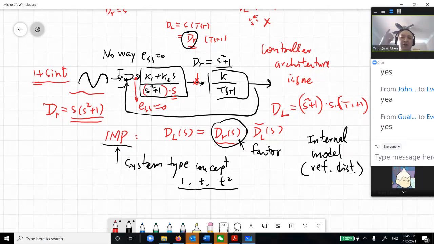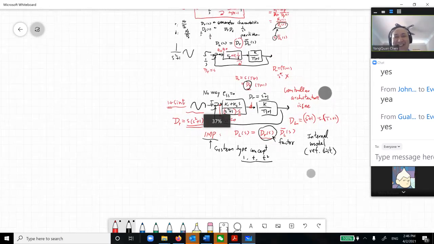So then you have 1 integrator, 2 integrators, and 3 integrators in the loop to make it zero steady state. If you don't have enough, then you are going to have non-zero steady state for sure, okay? So this is called the internal model principle, in 16 minutes.